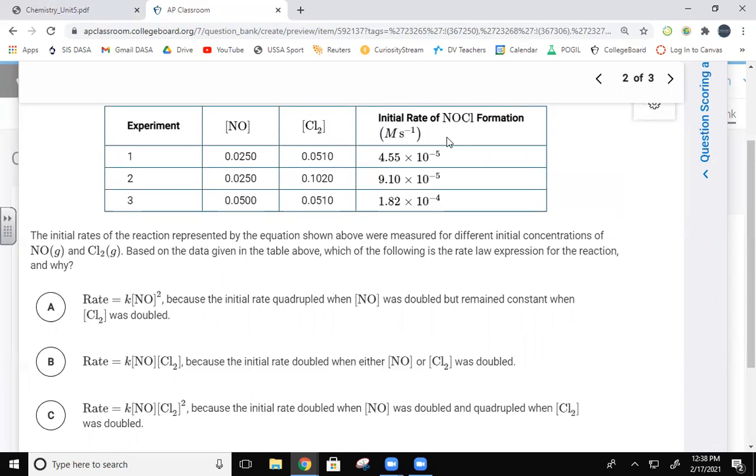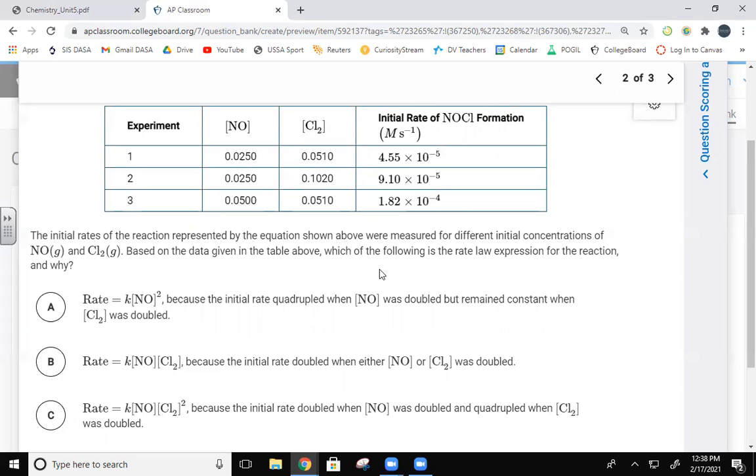Are we in agreement? Is it 3? This looks like the biggest, yeah? But it is not, because it's to the negative fourth, as opposed to these two, which are the negative fifth. So this is the fastest one, right?